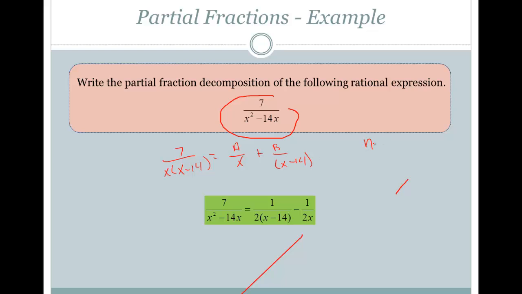We said that A was equal to negative one half and B was equal to positive one half. So I simply plug that in, and that's why I switched the terms, because of the minus sign. Let's do another example.